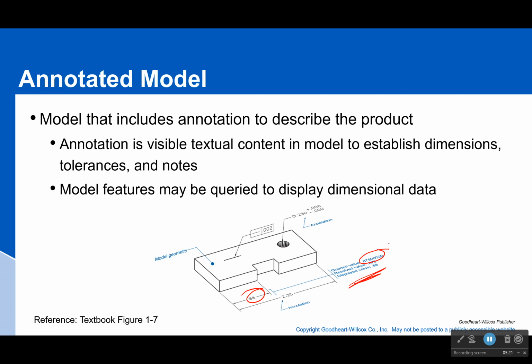It's just when they rounded it, it turned into 0.88. So any annotation is visual textual content in a model to establish dimensions, tolerances, notes, whatever it is. So those numbers, annotation. That number right there, annotation. Anything I'm adding to make sure that people can understand it is annotation.